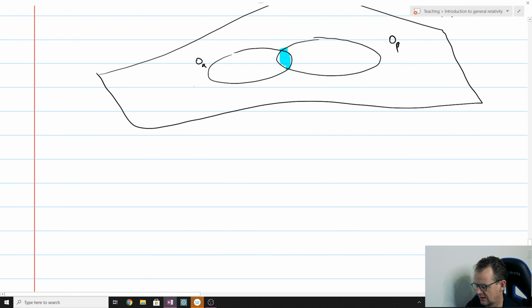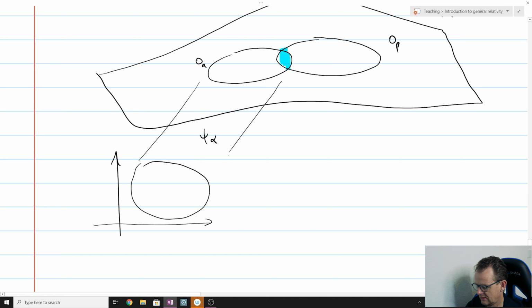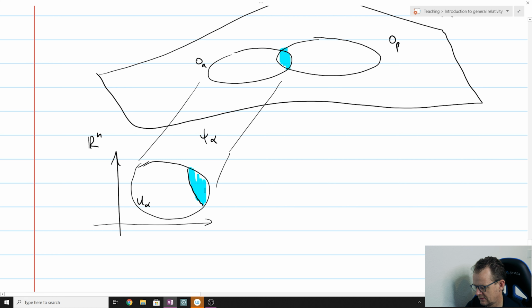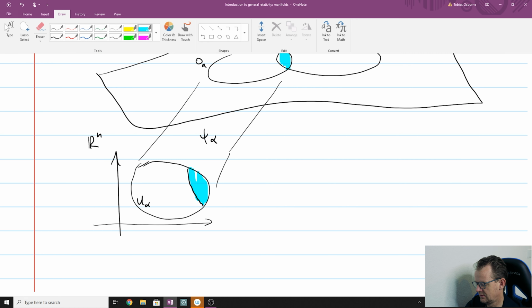And now, thanks to part 2 of our definition, we know there exists a map psi alpha from O alpha to U alpha inside Rn. And under this map, we can also identify the part of the intersection there. So there it is. That's from part 2 of the definition.